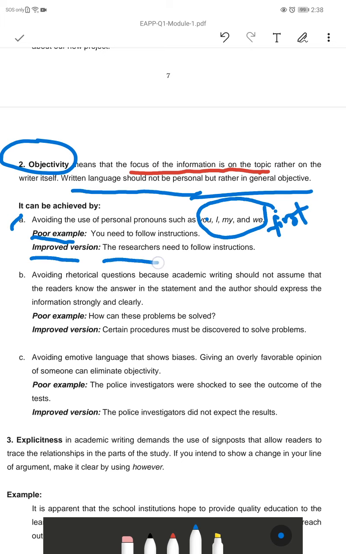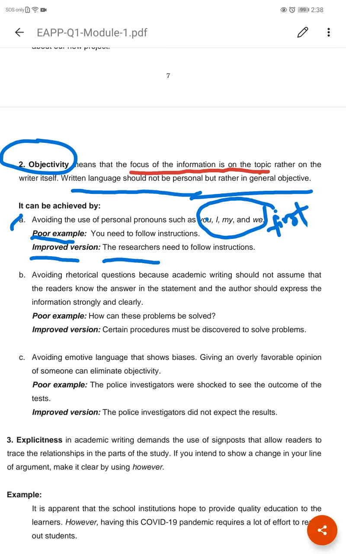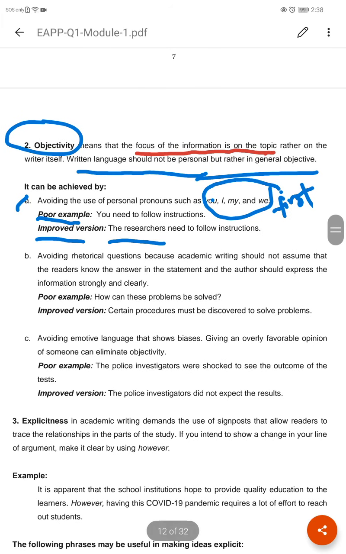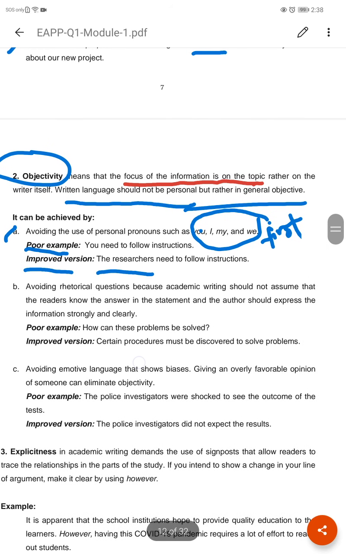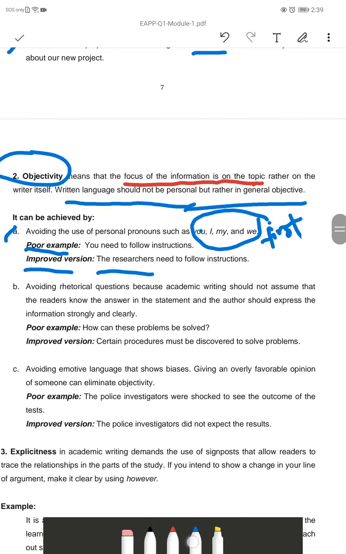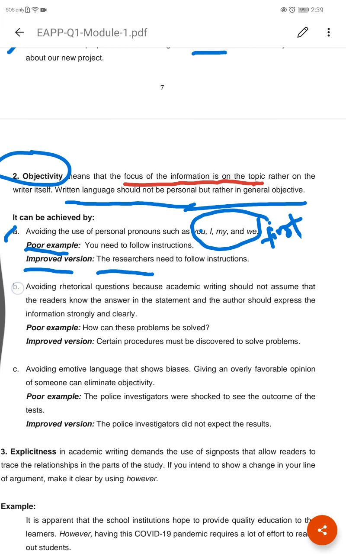And we replace it with: the researchers need to follow instructions. Is that clear? So again, for us to achieve objectivity in our writing, we should avoid using personal pronouns or pronouns that refer to yourself. Okay, another technique in achieving objectivity is this.